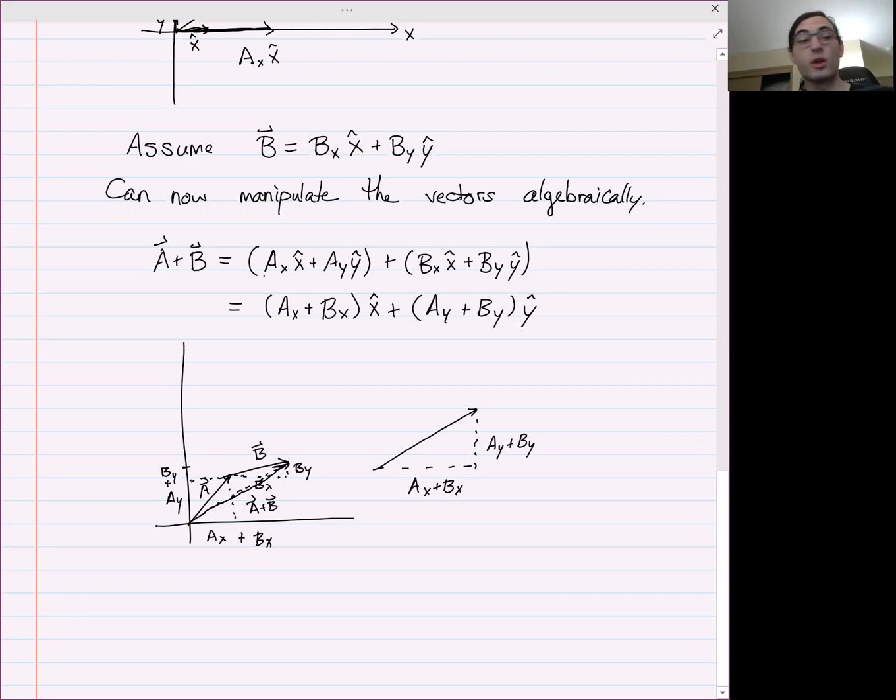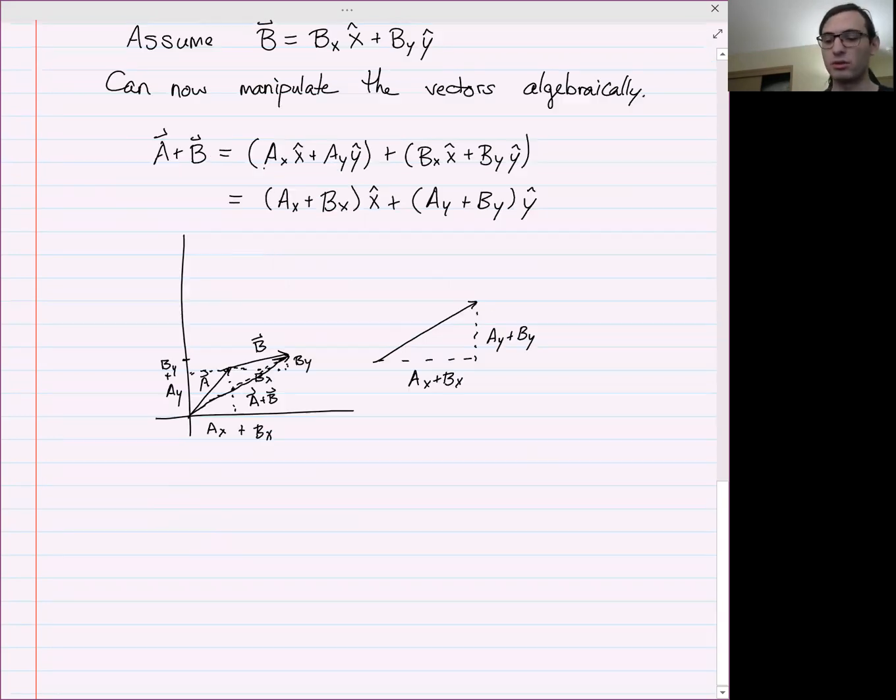And so now we can ask the question, how do you find the magnitude? What is the magnitude of, say, A? Let's just talk about A for now. Let's not talk about the magnitude of A plus B, because that's just a generalization. The magnitude of A, if A is just this vector, has length AX here, AY here, well, now you can use the Pythagorean theorem, because this is a right triangle.